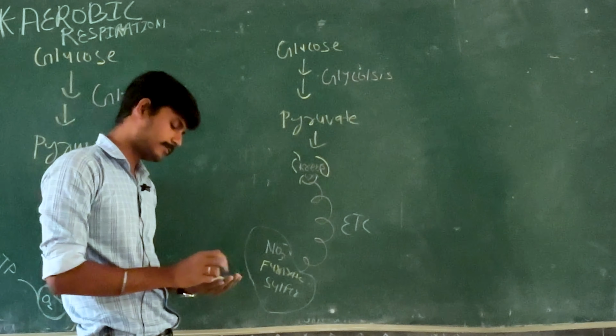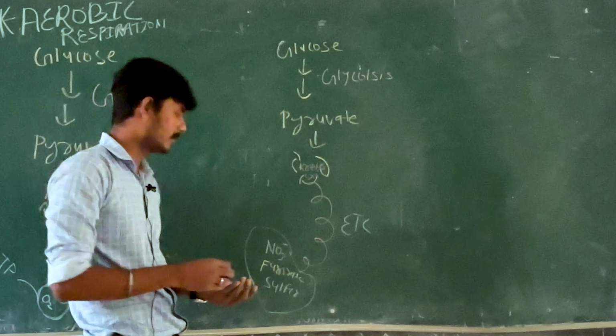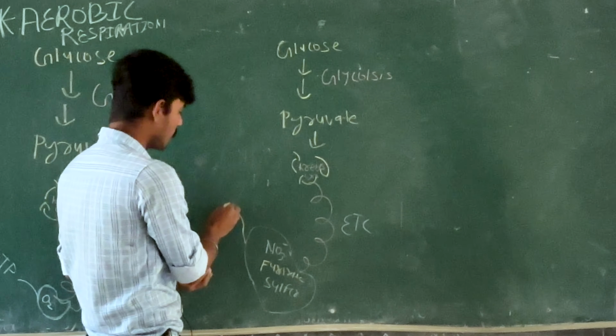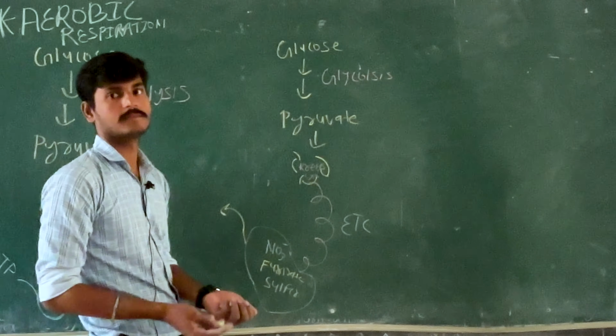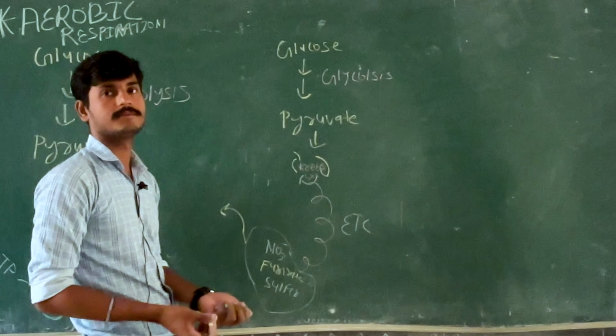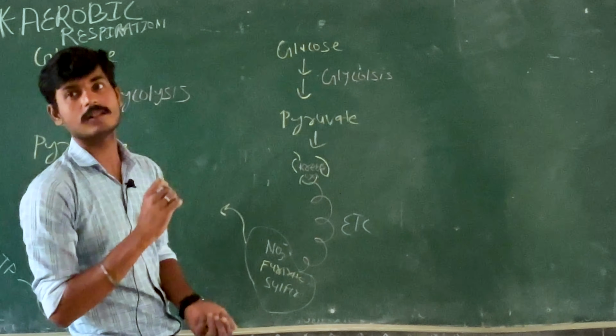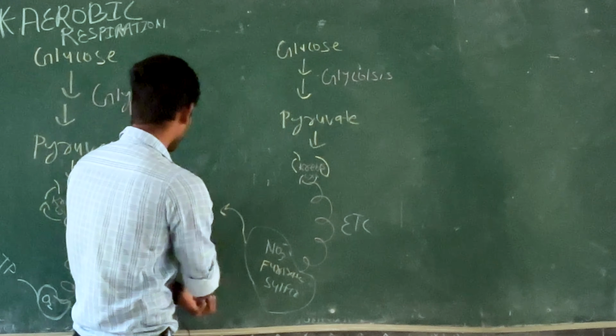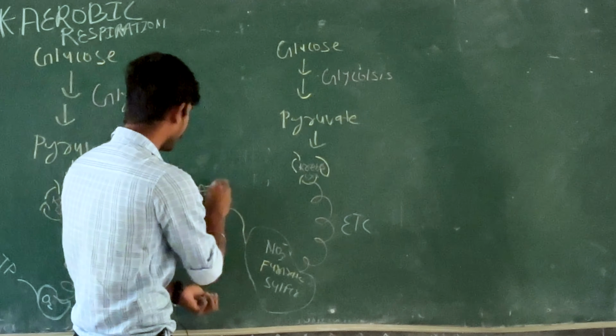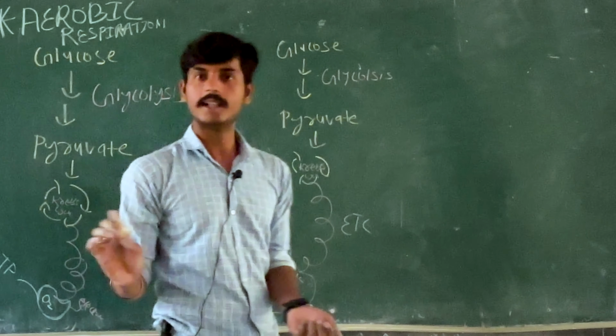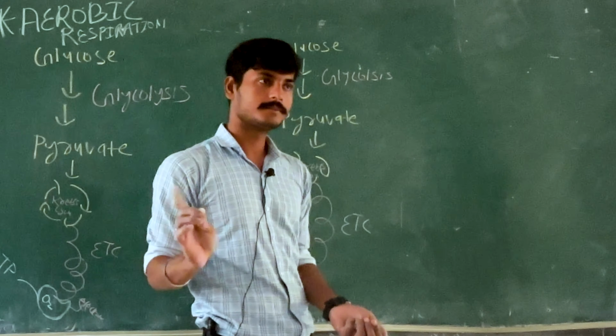And how much ATP is produced? What do you think? The oxygen is not there, so how much ATP is produced out of this? Approximately 30. So 30 ATP is made here. Clear? No problem.